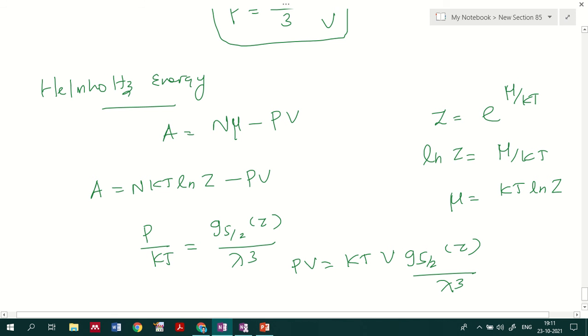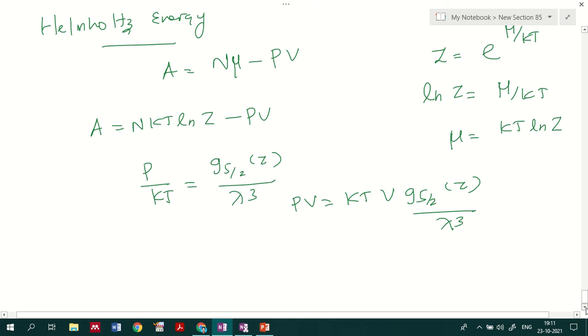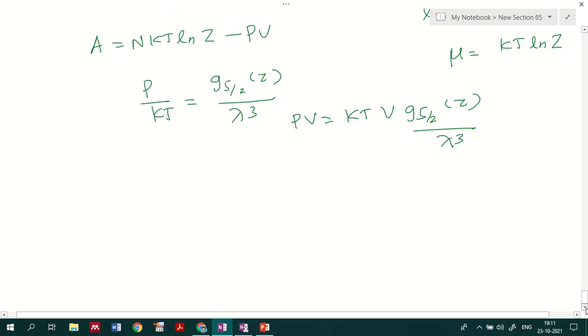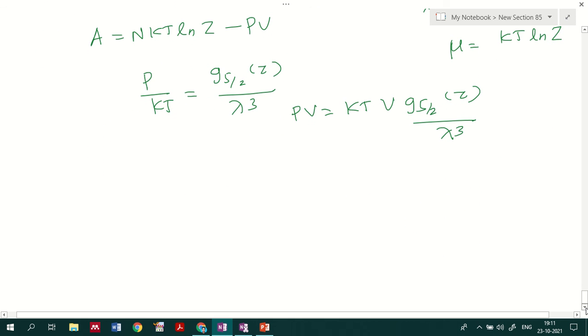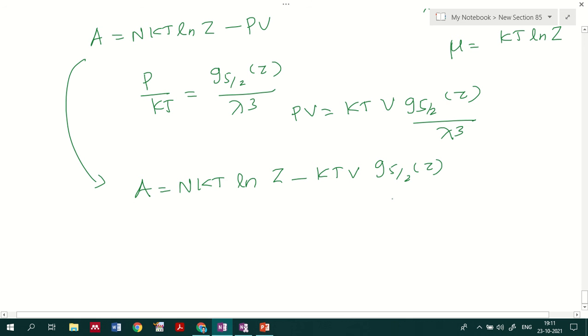Using the above representation, the Helmholtz energy is equal to N kT ln z minus kT V g_{5/2}(z) divided by lambda cubed.